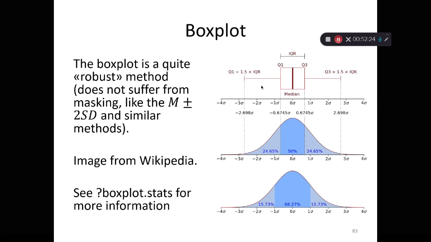And then the whiskers represent the first quartile minus 1.5 multiplied by the interquartile range, the range between the first and the third quartile, and the third quartile plus 1.5 multiplied by the interquartile range. So essentially, everything that is below here or above here can sometimes be considered an outlier.